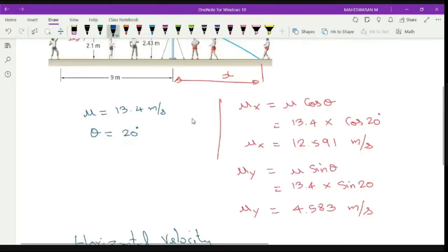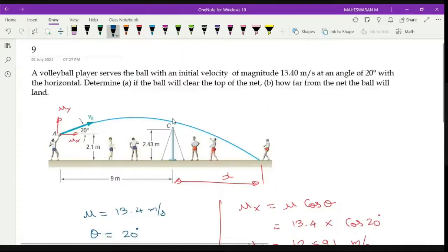The first thing is I am going to concentrate on this position, because I have to identify what is my s distance. If I know what is my height, if it is more than 2.43 meter, then it is clearing that net. That is my first question.